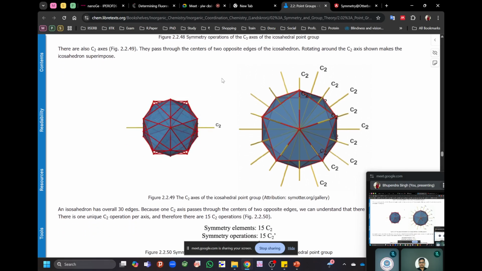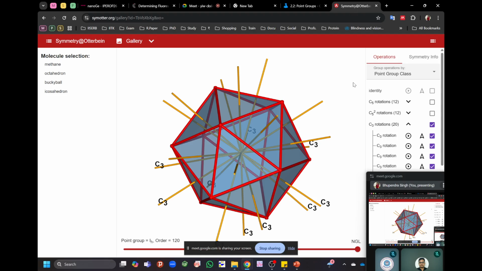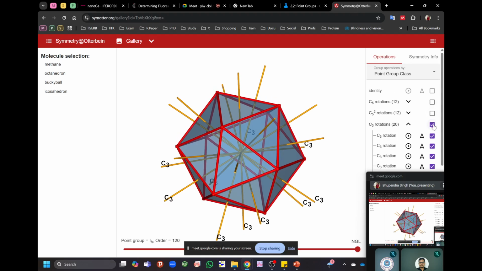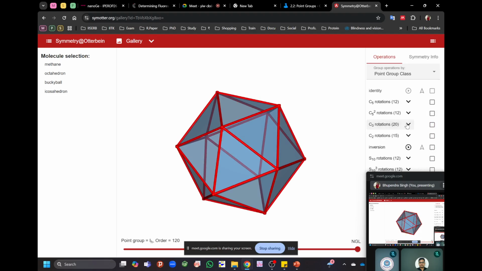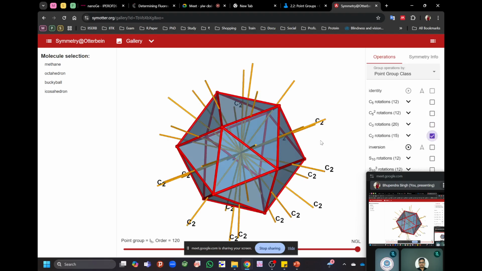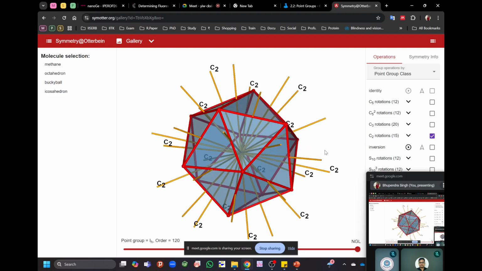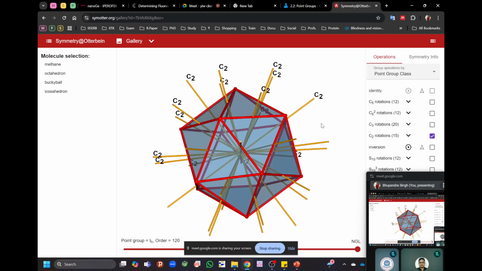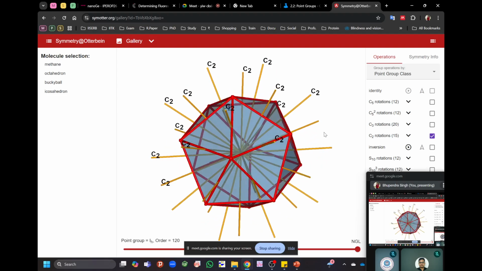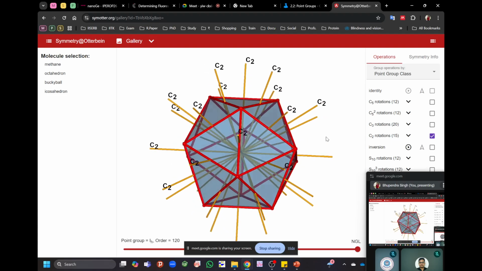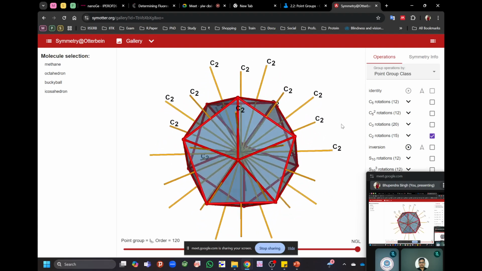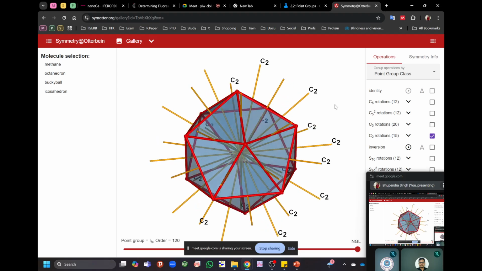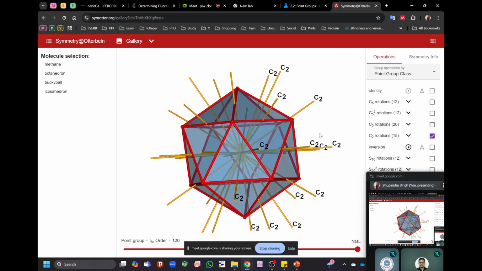Okay, C2 is present. Obviously it is highly symmetric, so C2 is always there. See how many C2s there are. Look closely. Isn't it looking very nice? Highly symmetric.